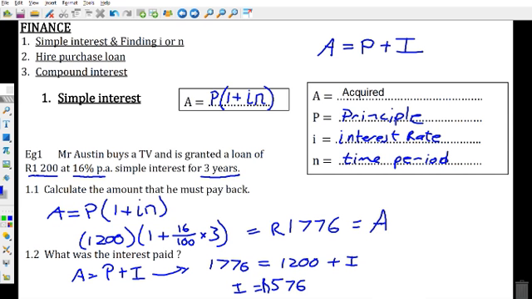So he paid 576 rand in interest. Any questions about that?